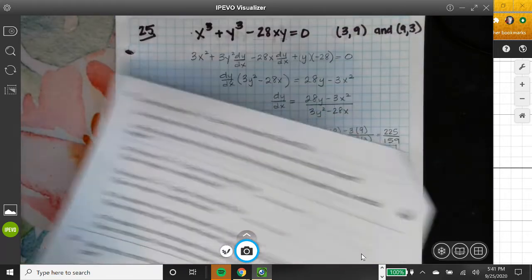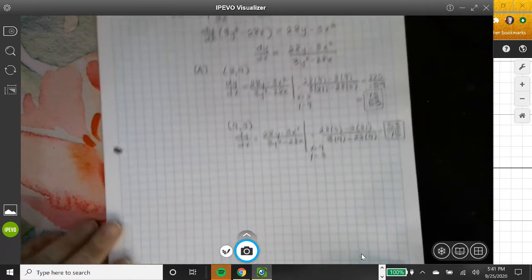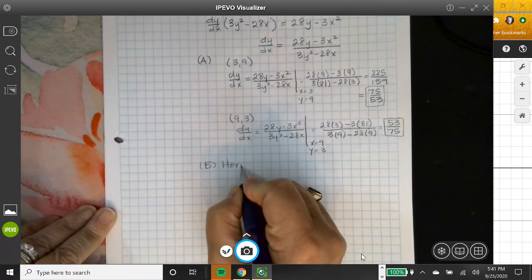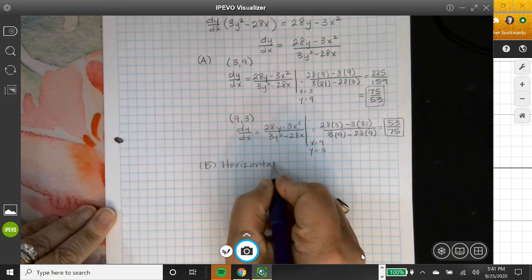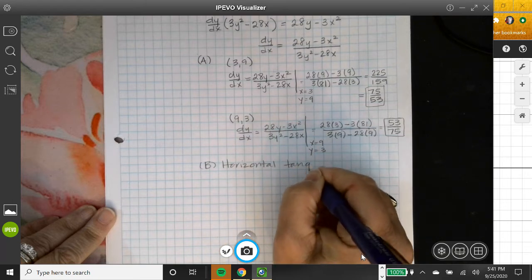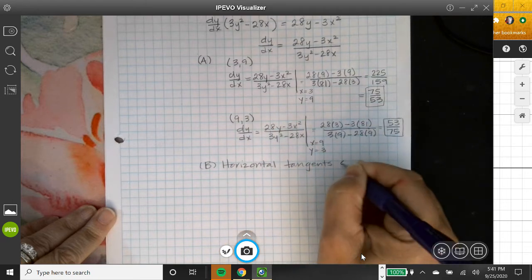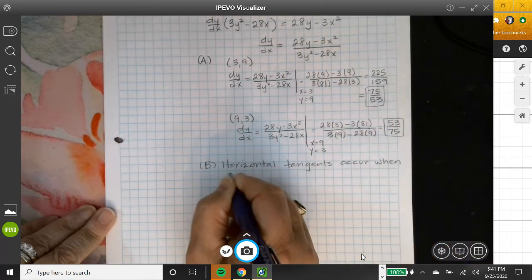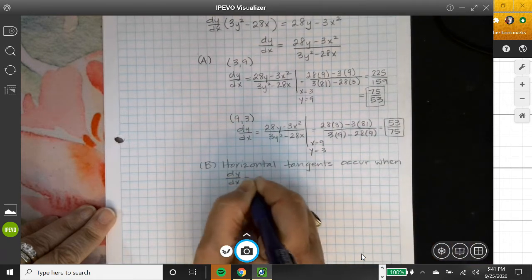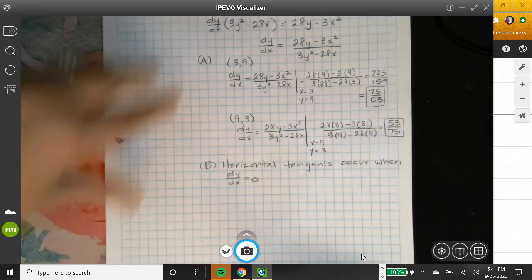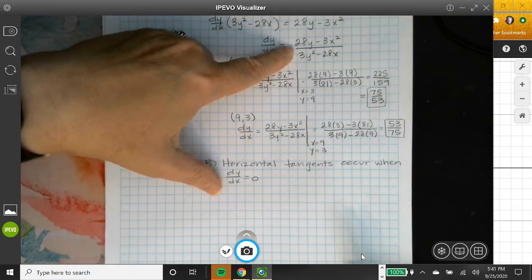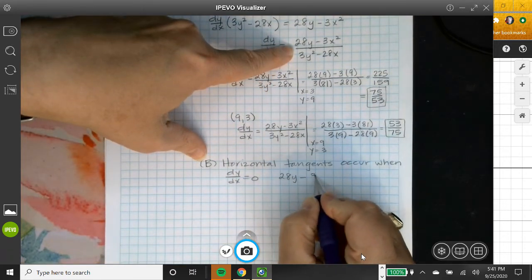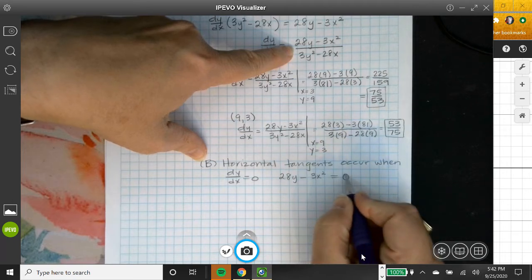So horizontal tangents occur when dy dx is equal to 0. Now, when is dy dx 0? That's when the numerator is equal to 0, which is when 28y minus 3x squared equals 0.